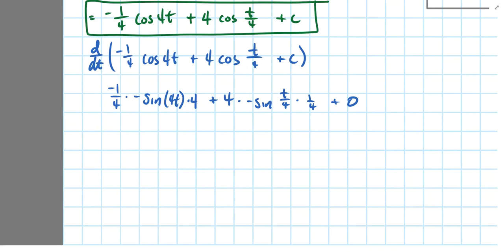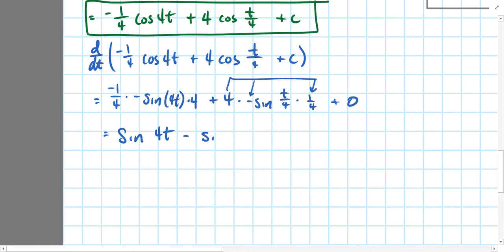And we can simplify this result. Negative 1/4 times 4 is negative 1. Negative 1 times negative sine is positive sine of 4t. And 4 times 1/4 is 1, times this minus sign, of course, is negative 1.